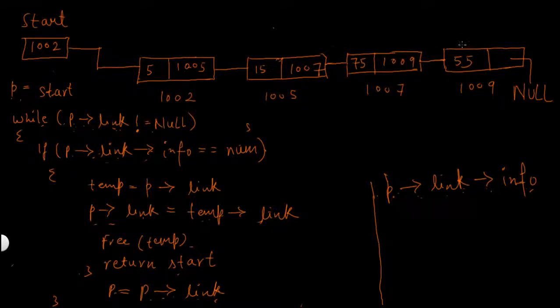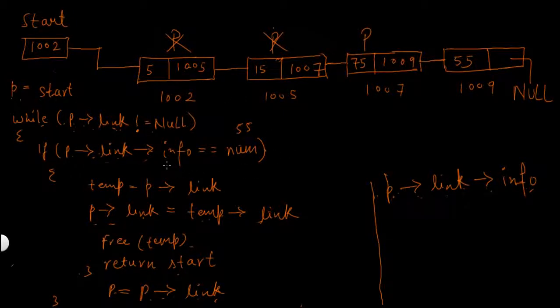Now suppose the user enters 55 as the number. Then first time this while loop will run, p will be here. This while loop will be true, but this if condition will be false. Second time this while loop runs, p will be here. This while condition will be true, if condition will be false. Third time this while loop runs, p will be here.